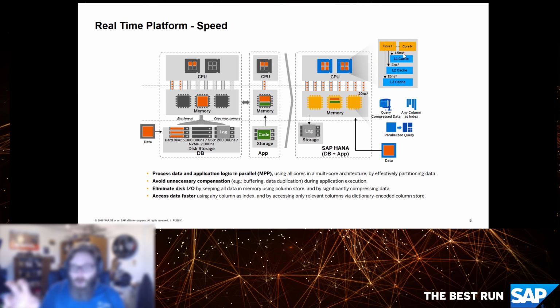And all of this, of course, gives us incredible speed, but it's that speed, not just for the sake of speed, not just so your report runs in 1 second as opposed to 4 seconds, but it opens up a world of possibilities to work on data in real time without aggregation, to be able to combine analytic processing and transactional processing on one copy of the data, to be able to bring in geospatial processing, text processing, graph processing, JSON processing, all these things on one copy of the data.